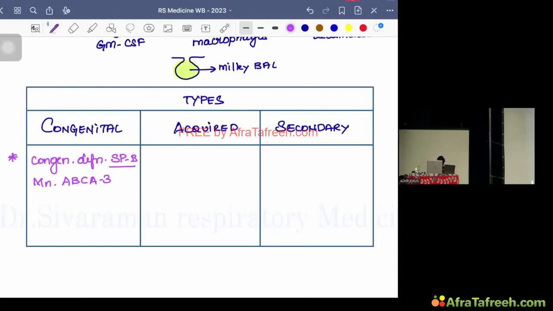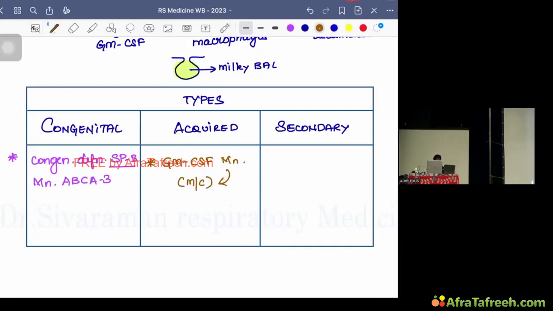In acquired, we have GM-CSF mutation. There is a defect in GM-CSF production resulting in abnormal surfactant accumulation, and this is the most common cause.